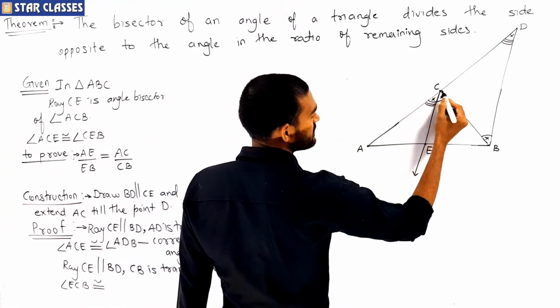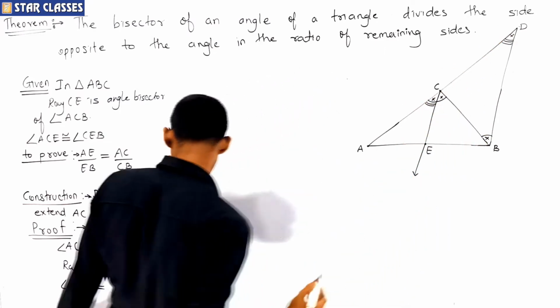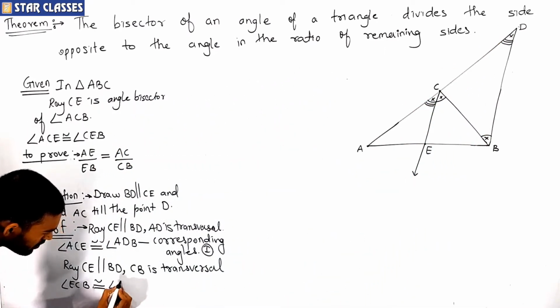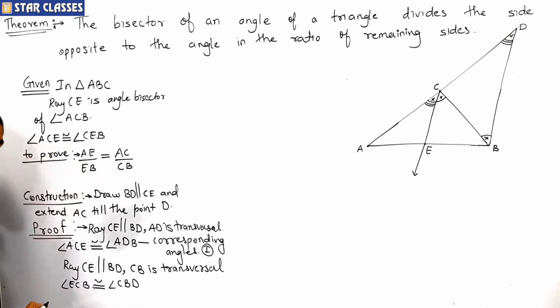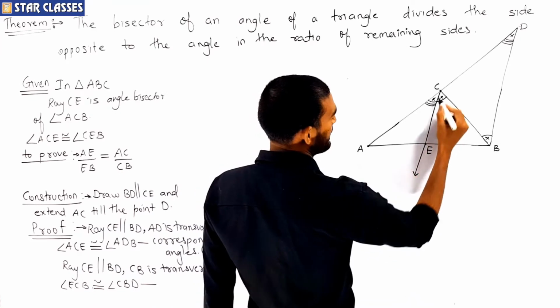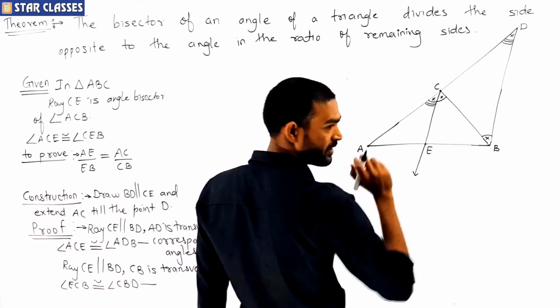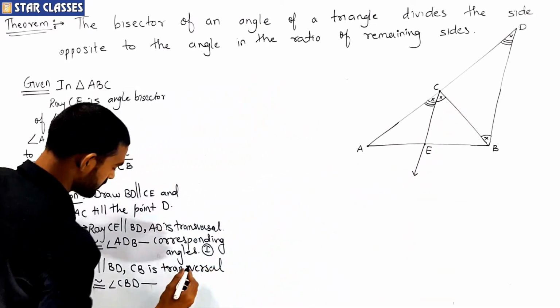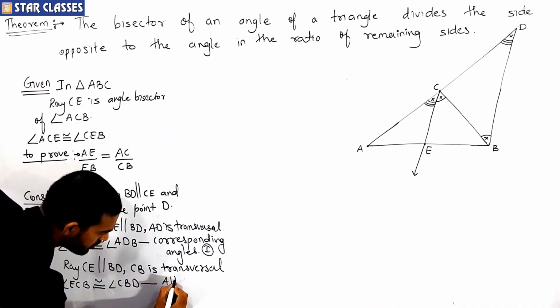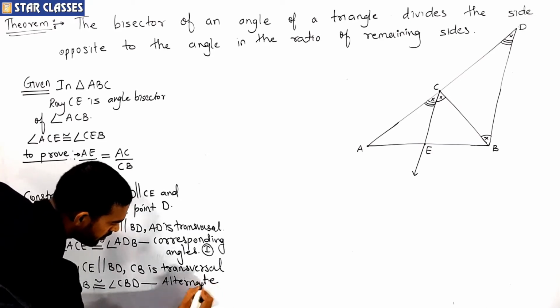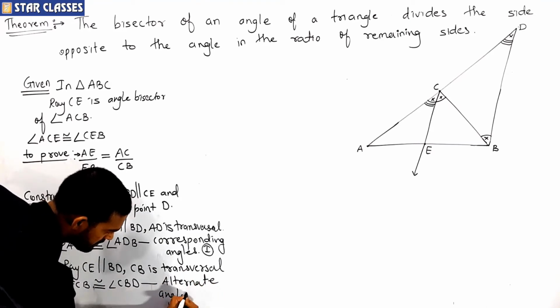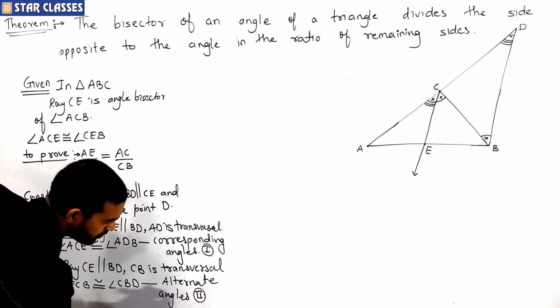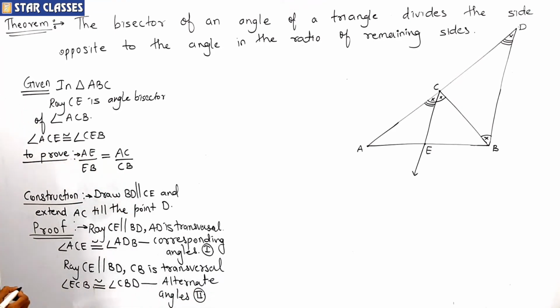To angle CBD. Angle CBD. Because which angle they are forming? They are forming alphabet Z. Z for zebra. And this zebra will give you which angle? It will give you alternate angles. So we'll write here alternate angles, and that is equation number 2. Clear? Now one more thing we know.